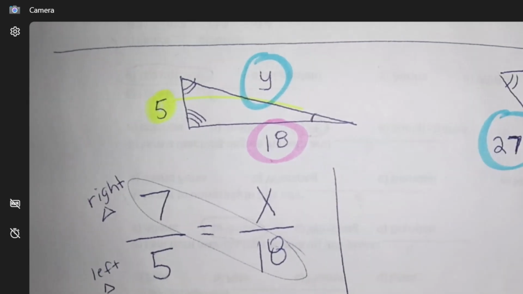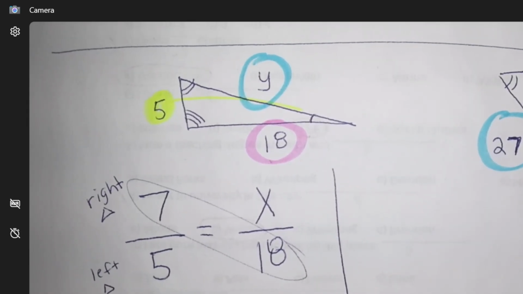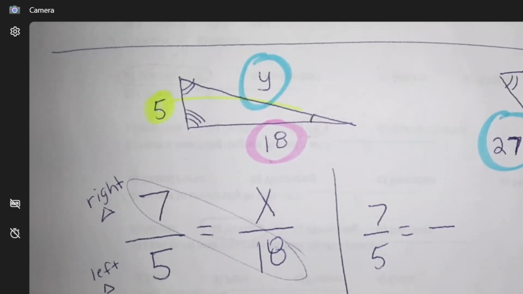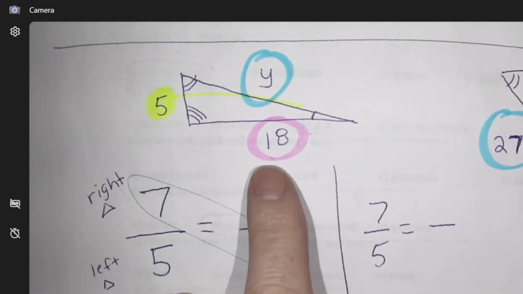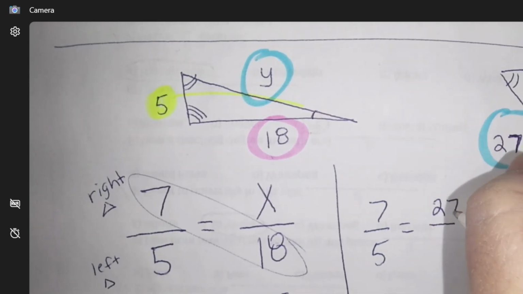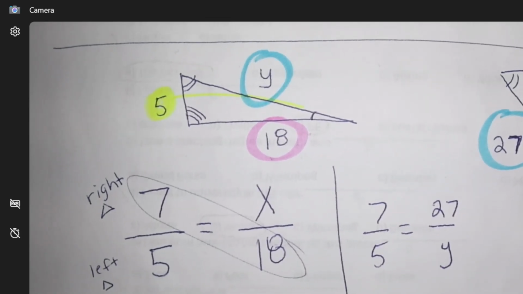Okay, redo. We're going to go again, and I'm going to keep 7 over 5. I'm going to keep that ratio because that's the thing I knew. So now, we just did our pink, so I'm going to connect my blue. So do I want y over 27 or do I want 27 over y? 27 over y, because I have to keep it always the same.